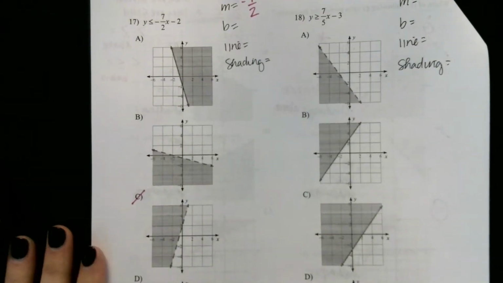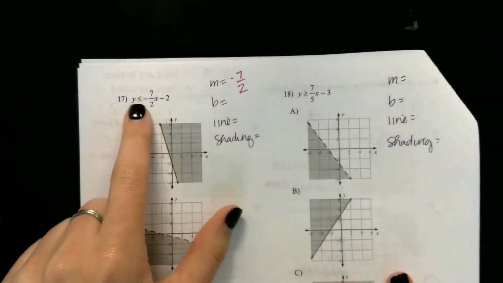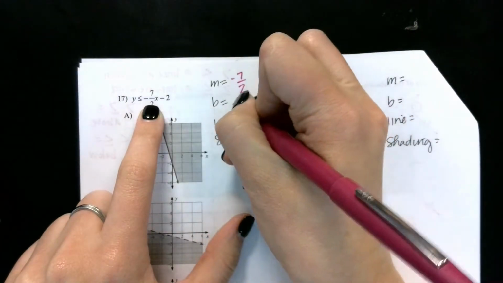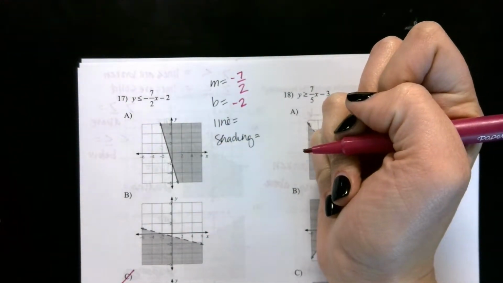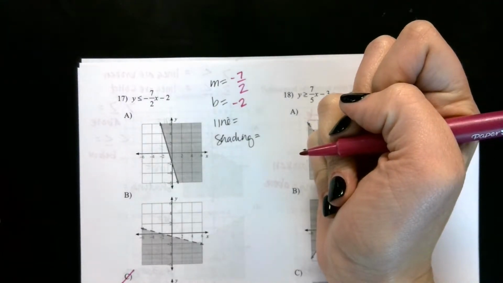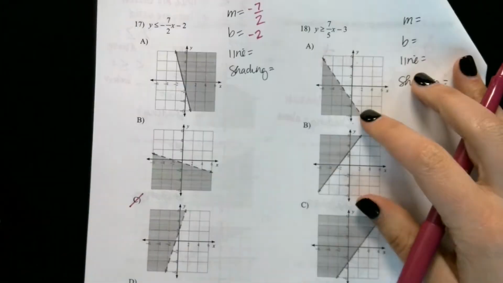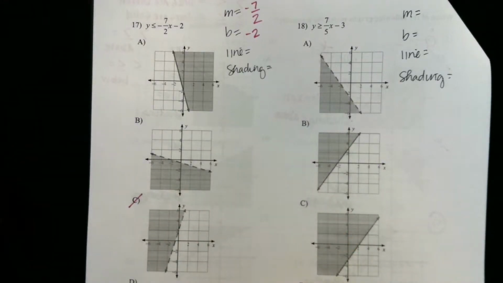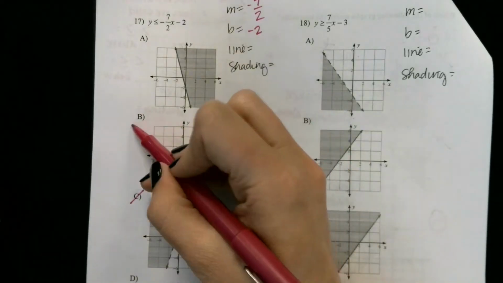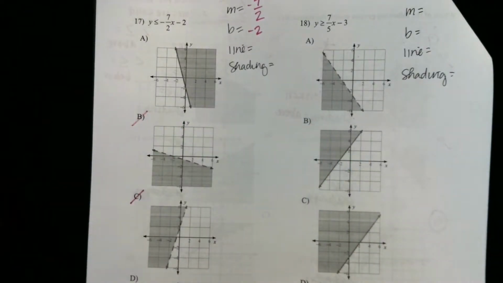So C we can eliminate because that slope is positive. What is our y-intercept in number 17? Negative 2. Are there any answers we can eliminate just knowing that our y-intercept needs to be negative 2? We already eliminated C. What other one can we eliminate? B. Very good. And now we're down to A and D.